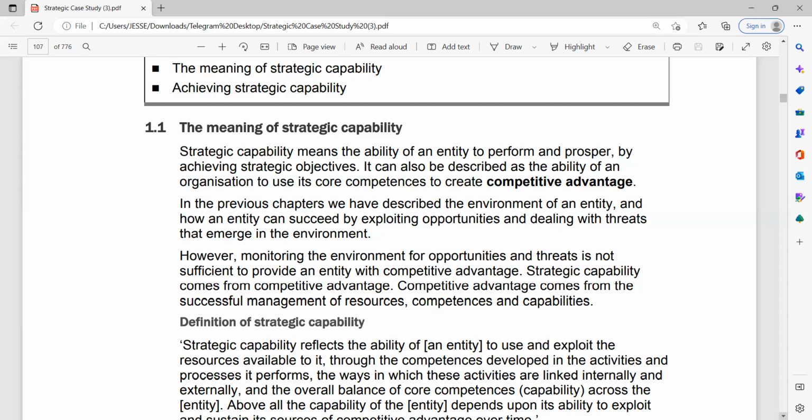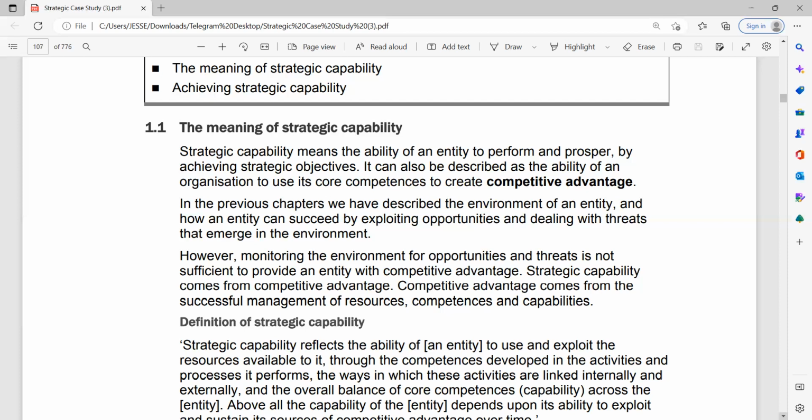Competitive advantage comes from within the organization. Competitive advantage comes from what? Within the organization. Very, very important point, right? So it says, however, monitoring the environment, opportunities and threats is not sufficient to provide an entity with competitive advantage.